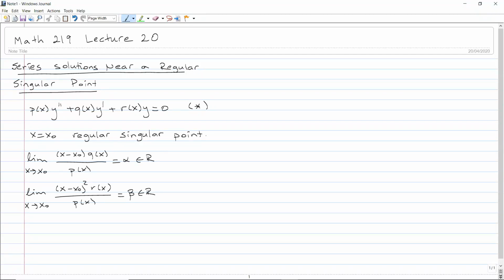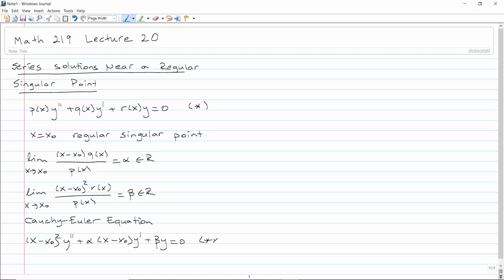And using these numbers, alpha and beta, we can consider the Cauchy-Euler equation: (x minus x0) squared y double prime plus alpha times (x minus x0) y prime plus beta times y equal to 0.